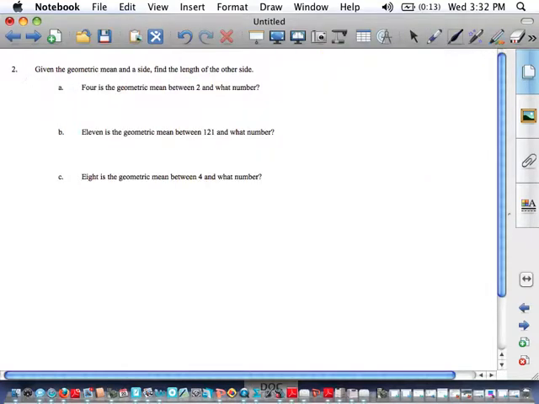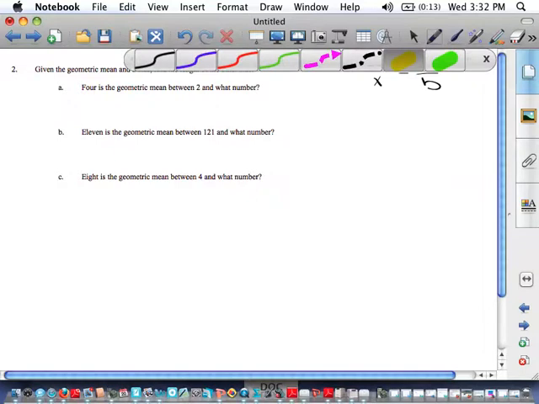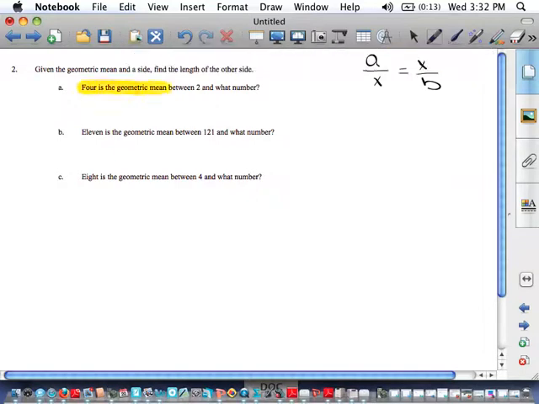The next question now says the geometric mean and a side are given. Find the length of the other side. So again, this is A is to X as X is to B. But in this case, we're given the geometric mean.